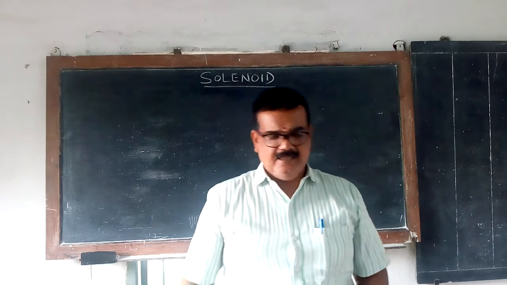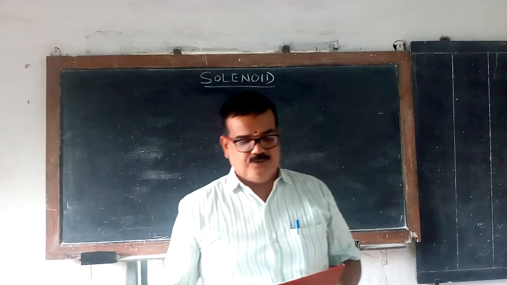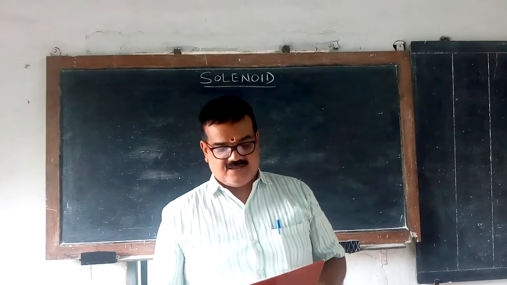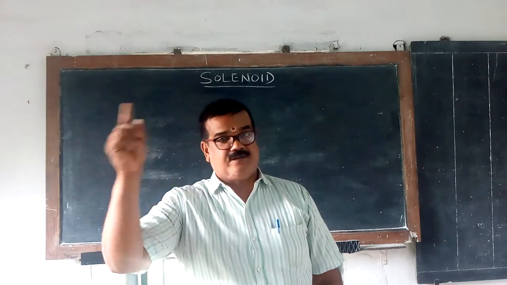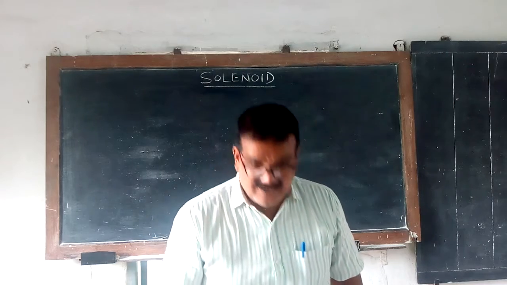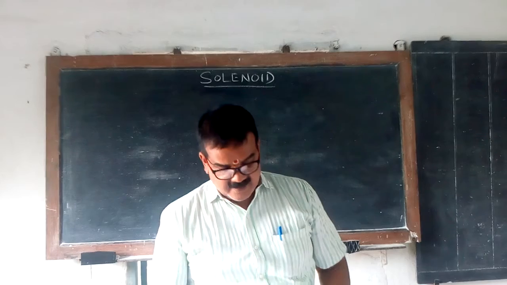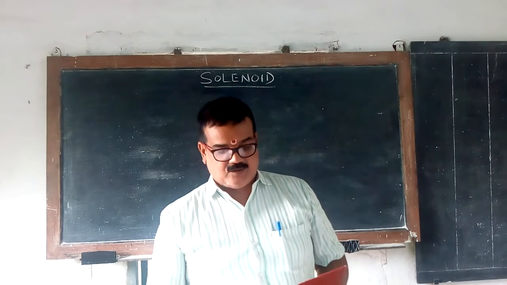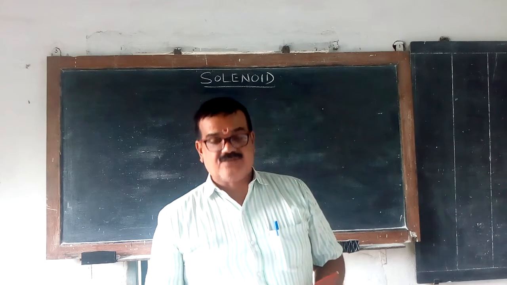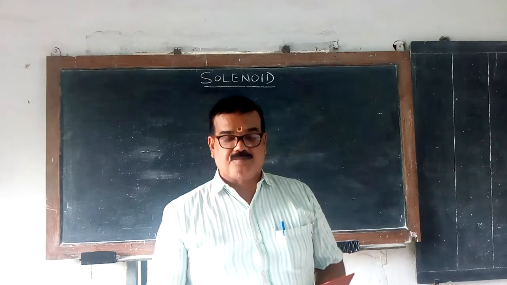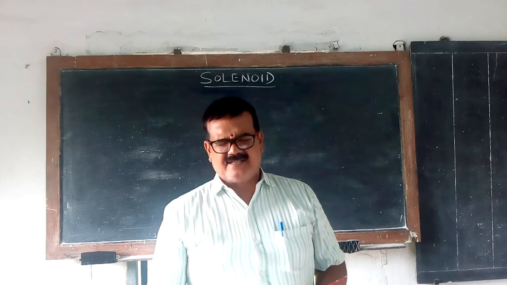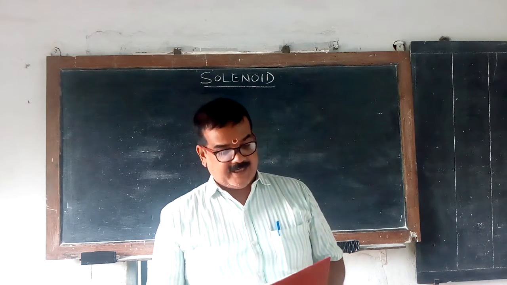It can be calculated by the formula mu is equal to B by H. B, the abbreviation we have already learned, is flux density, in Weber per meter square, and H is field intensity, in ampere turn per meter. Okay.